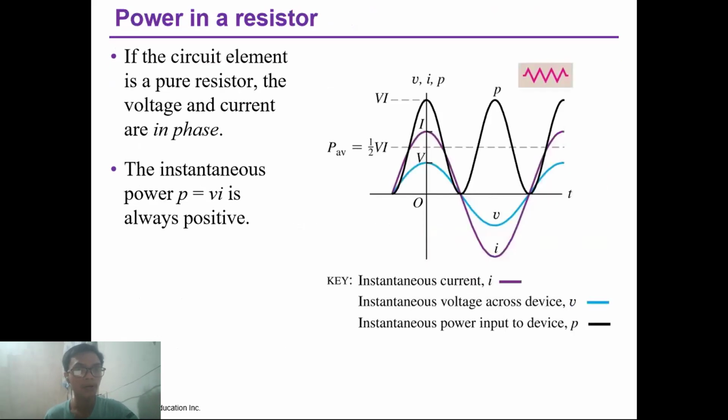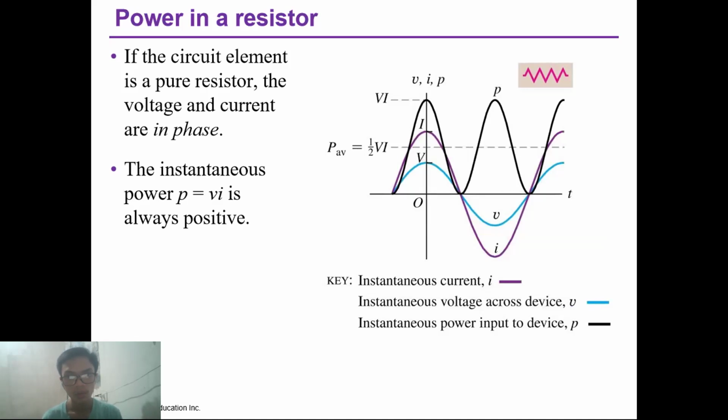So we have here power in a resistor. If the circuit element is a pure resistor, the voltage and current are in phase. The instantaneous power, P equal to vi, the product of the instantaneous voltage and the instantaneous current, is always positive.